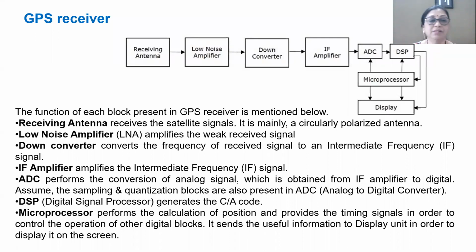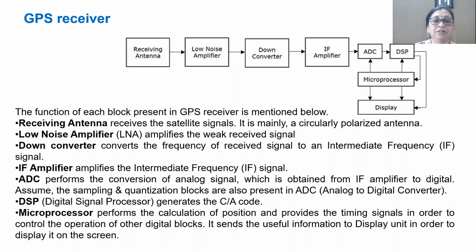The meaning of IF is intermediate frequency. A certain standard intermediate frequency is decided for the receiver, and the received frequency is converted down to the intermediate frequency. This is done by a circuit called a down converter. Now, this IF frequency is again further amplified with the help of an amplifier.